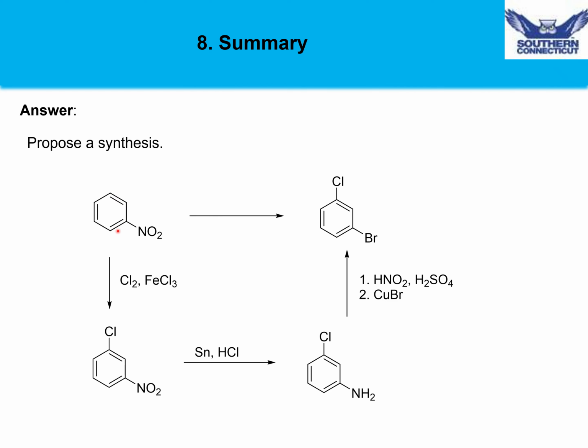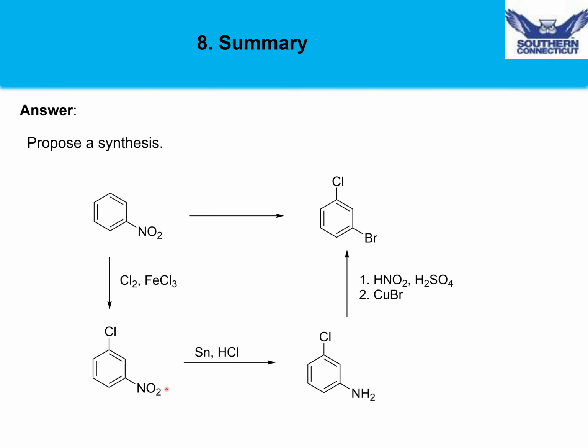The nitro group we can use to direct the chlorine to the meta position through a chlorination reaction, which we previously learned. So adding Cl2 and iron trichloride will lead to adding this chlorine at the meta position compared to the nitro group.